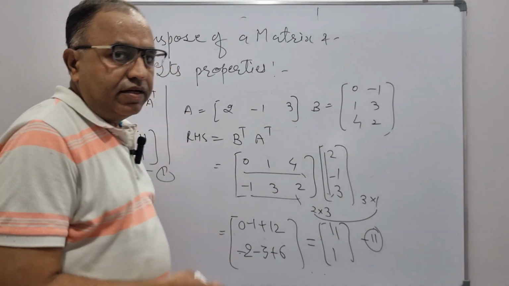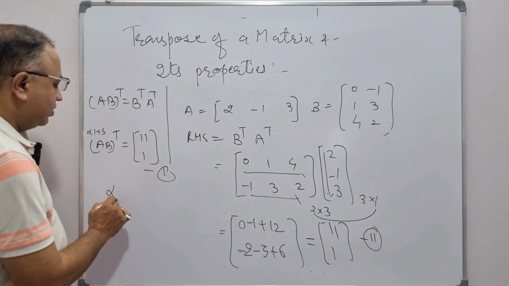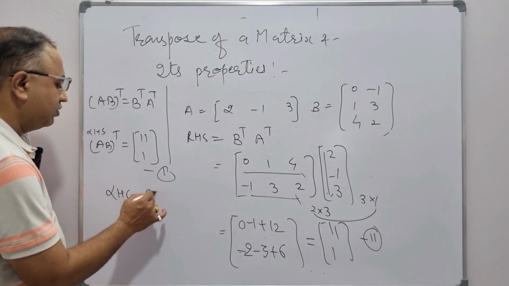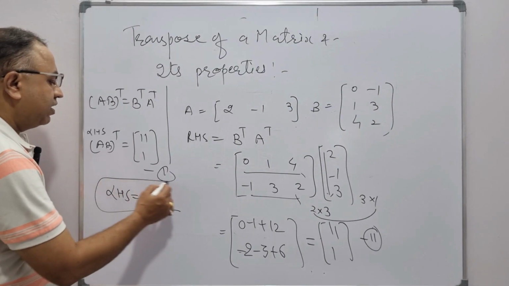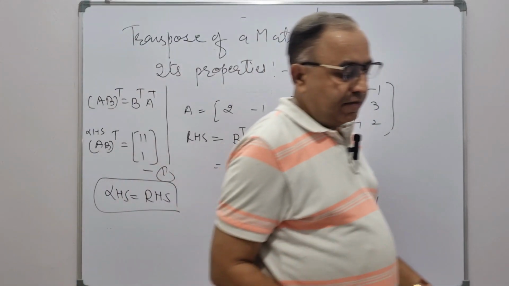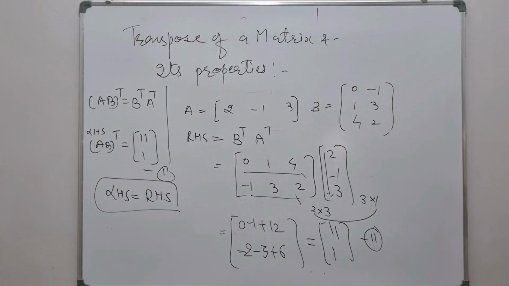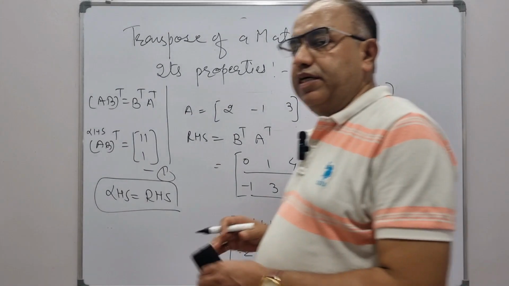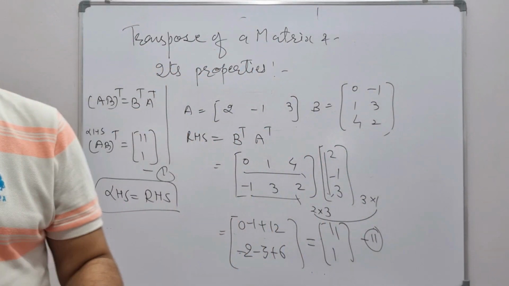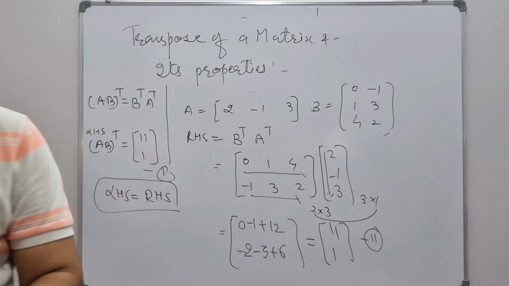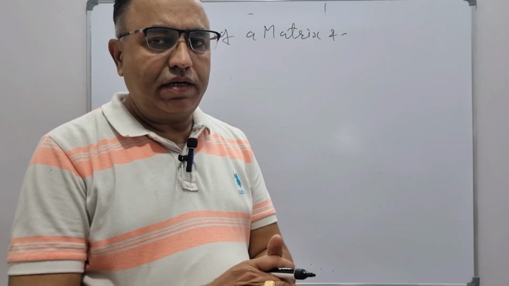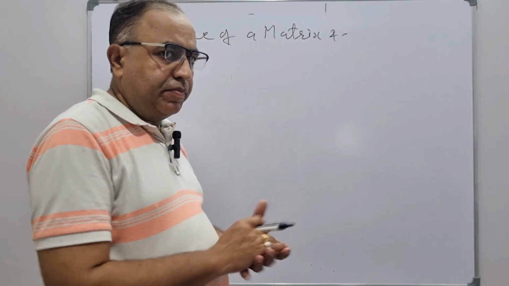So from first and second, what we conclude is that left hand side is equal to right hand side. So this way we have verified this property: the transpose of AB is the same as transpose of B into transpose of A. So these were the properties of transposes. Thus we have seen today all the properties of transposes.